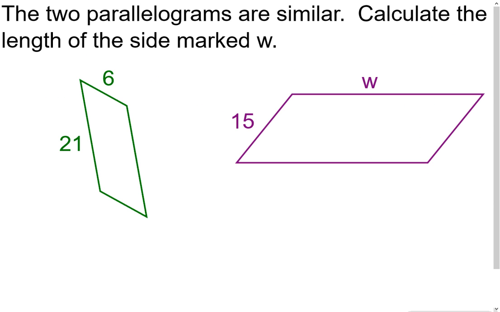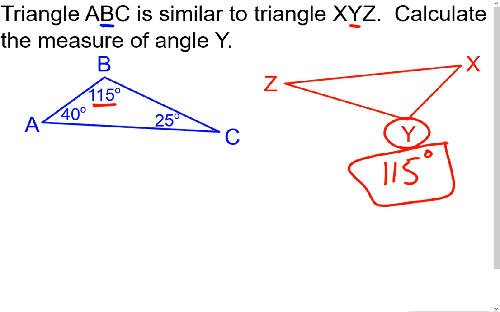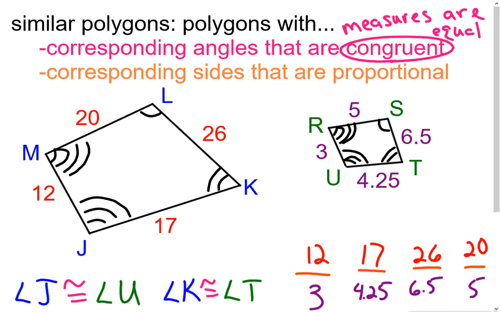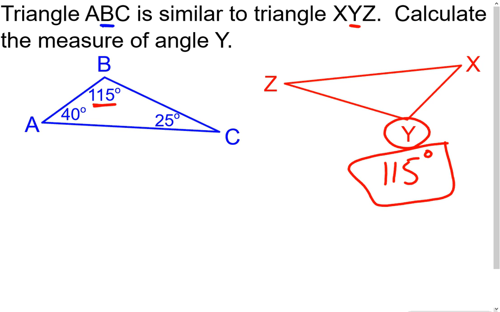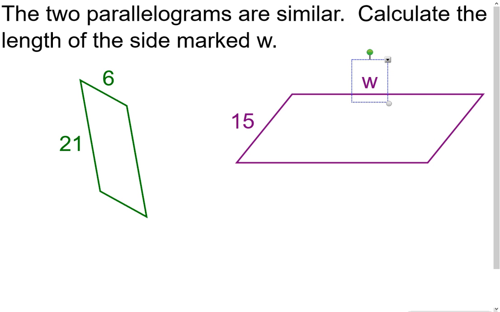Now in this one, I have 2 parallelograms that are similar. And this time I want to know what's the length of the side that's marked W. So we can see that right here. I need to figure out how long is that. Well, I'm going to go back 2 slides. And now in this one, look at the orange where it says corresponding sides are proportional. So we come back here, and if my corresponding sides are proportional, I think in my head, I need to set up a proportion.